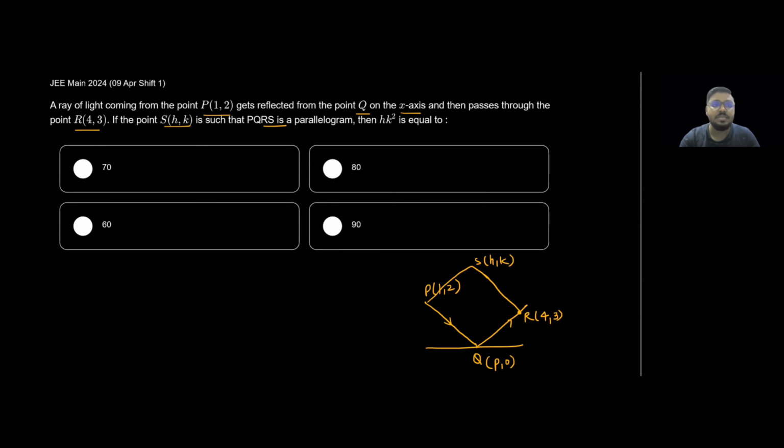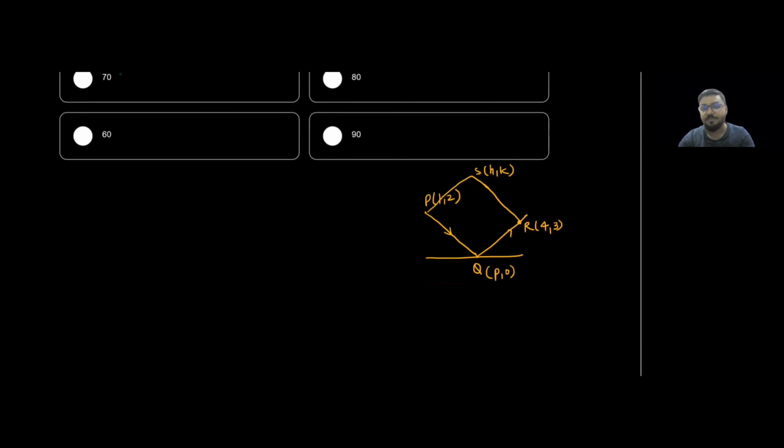The very first thing: if the point P after reflection from the x-axis passes through R, then taking the mirror image of P about the x-axis, P dash will be (1, -2). On joining P dash with Q, the points P dash, Q and R will be collinear.